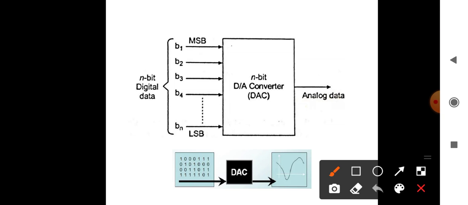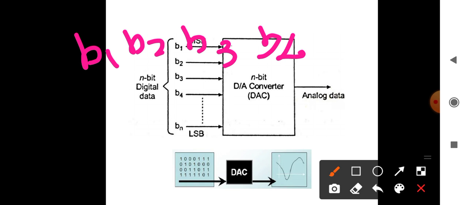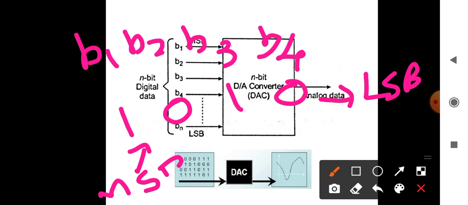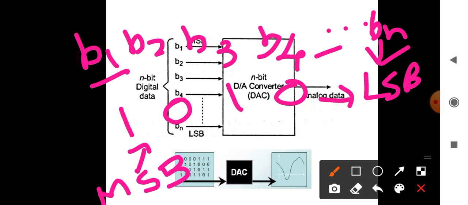If you take 1010, we have LSB as 0 and MSB as 1. This is the most significant bit, this is 1. That is why B1 is represented as MSB, and B4 or up to Bn is represented as LSB.